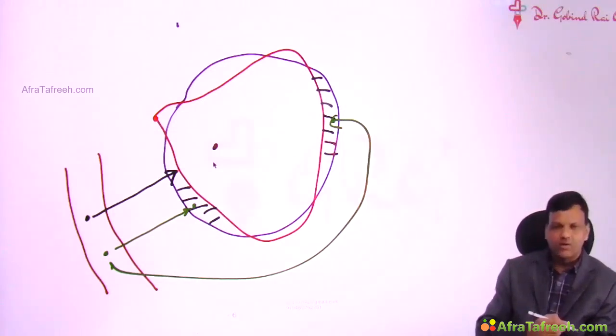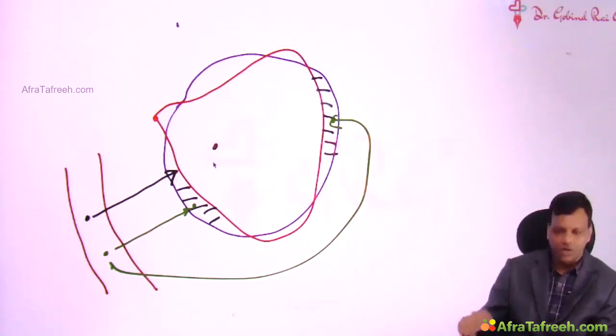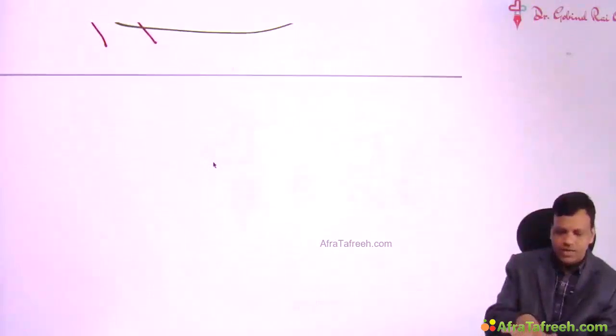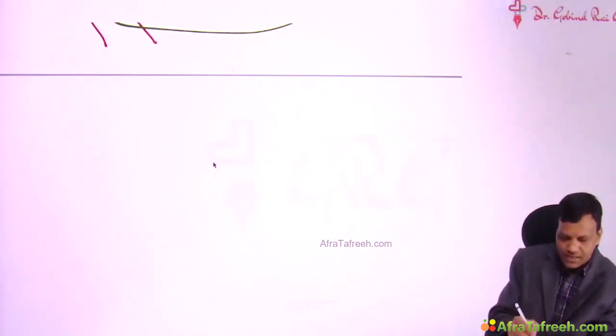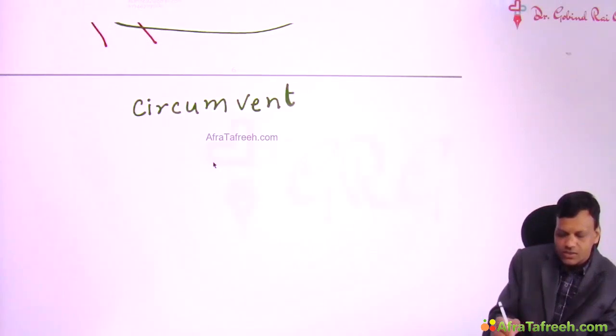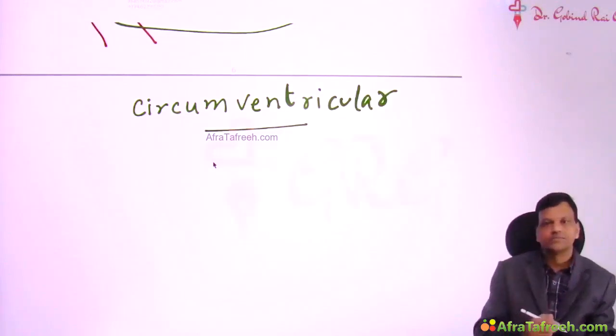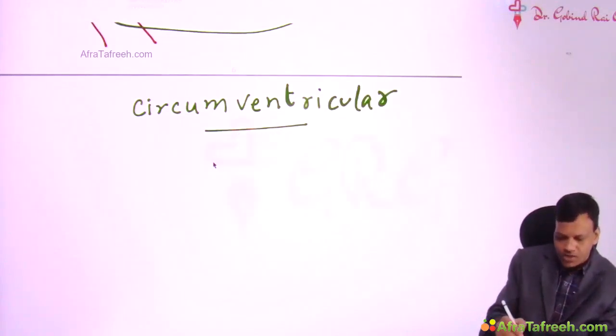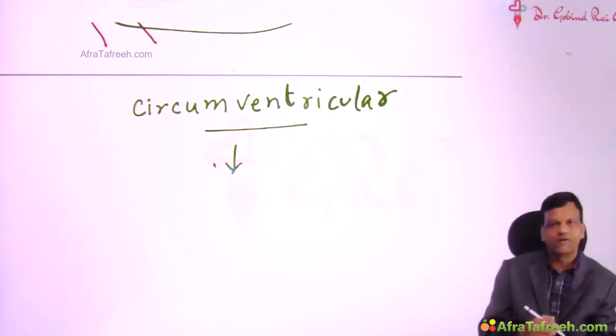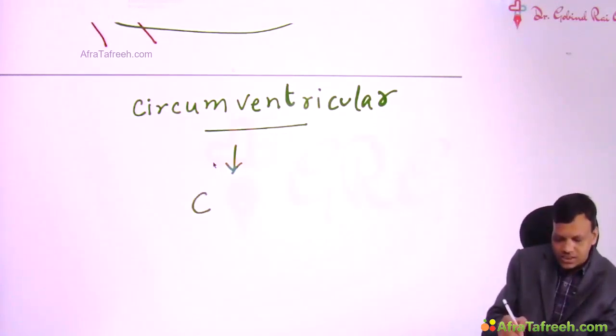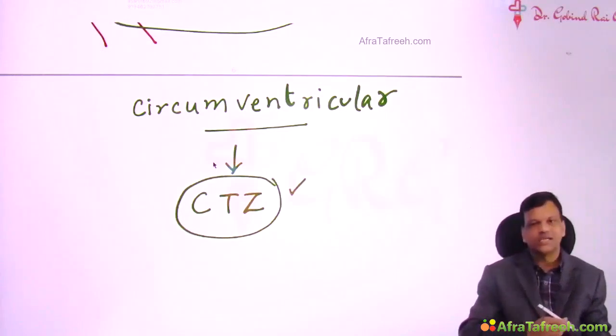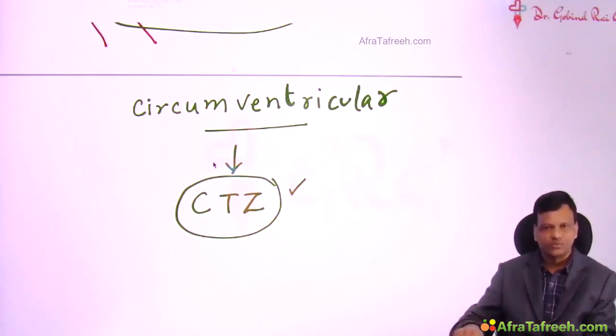Such areas are called circumventricular organs. The areas in the brain where the blood-brain barrier is absent are called circumventricular organs. One of the most important circumventricular organs regarding pharmacology is the CTZ, chemoreceptor trigger zone.